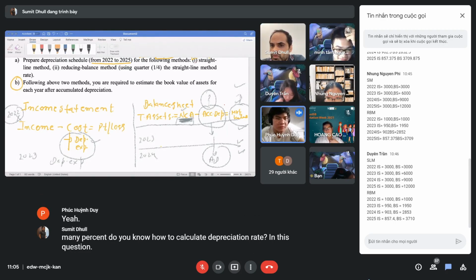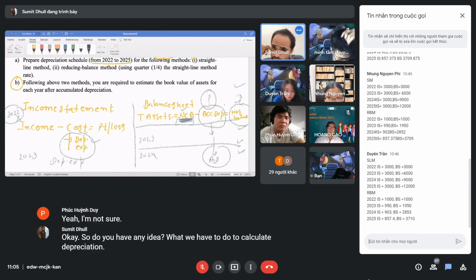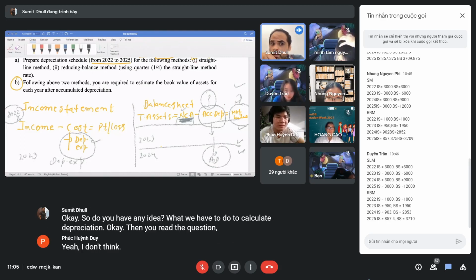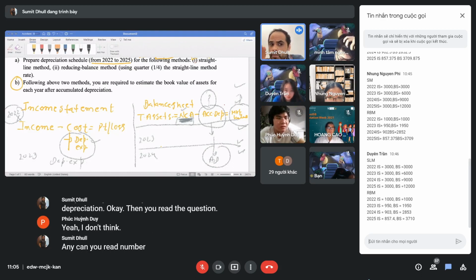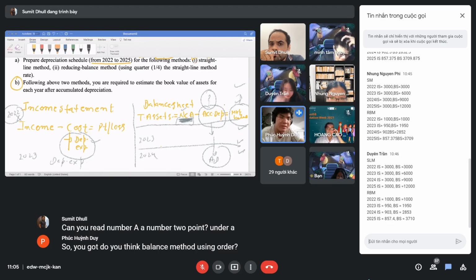Yeah, I'm not sure. Okay, so do you have any idea what we have to do to calculate depreciation rate? Can you read the question, number 2 point under A? So you got reducing balance method using a quarter of the straight line method, right?